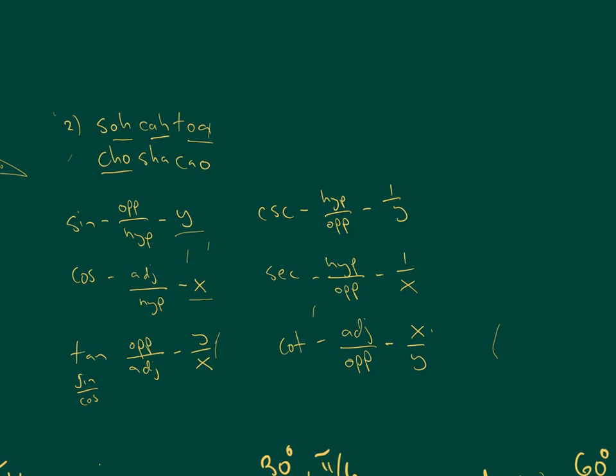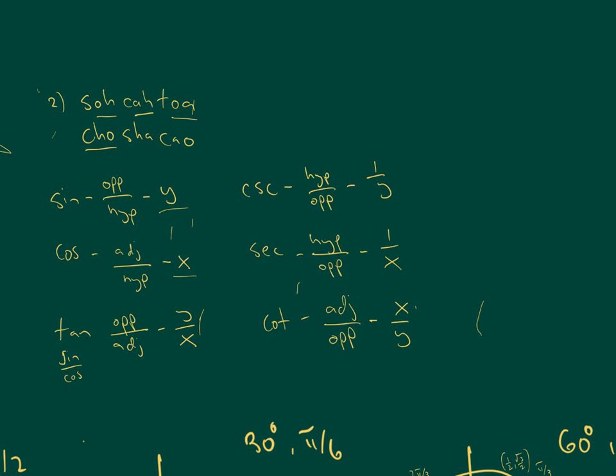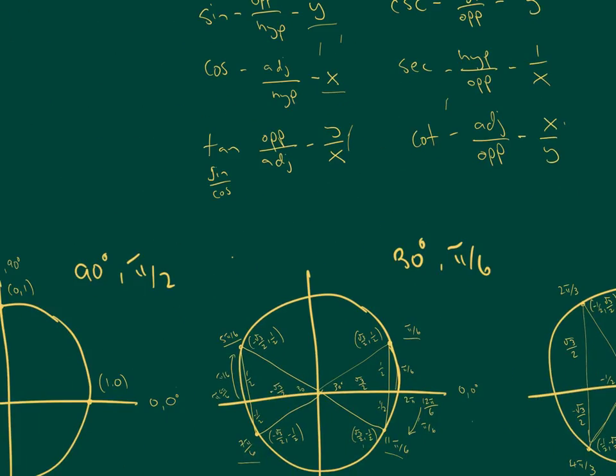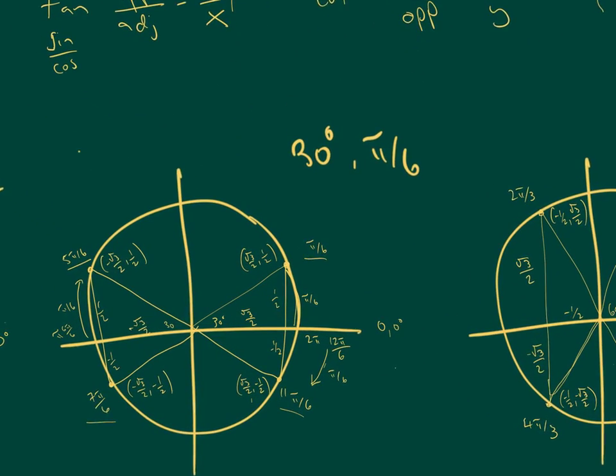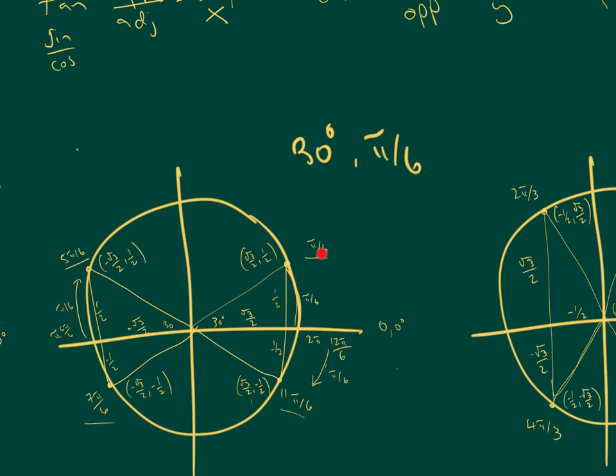Write out the acronyms and then tell me what they are in terms of sides and x and y. And then draw the 4 unit circles with the bow ties, labeling both how far you are for each point on the bow tie in terms of radians, and then also what your x and y coordinates are at each one of those points. That's it.